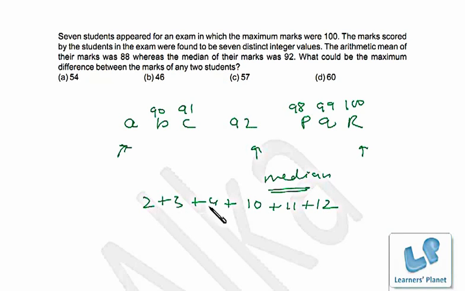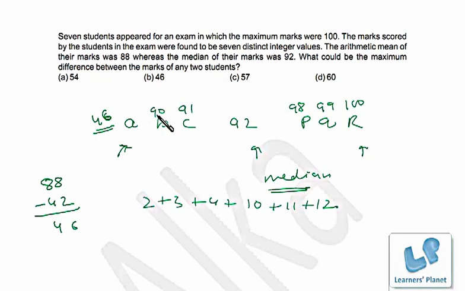So 4 and 3 is 7, and 2 is 9, and 11 is 20, 20 more is 30, and 42, right? So we are moving 42 ahead of the average. Since the average is 88, 88 minus 42 gives 46. So the value of A can be 46.